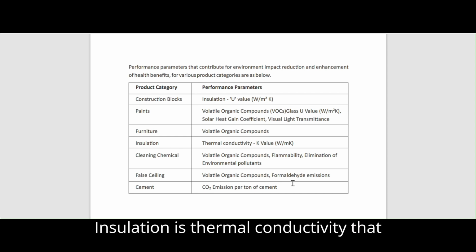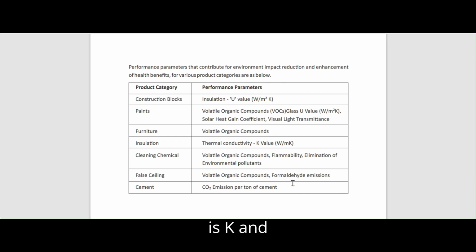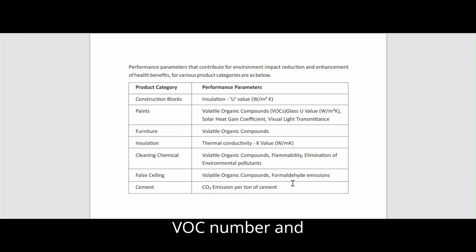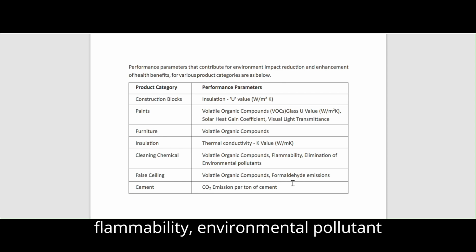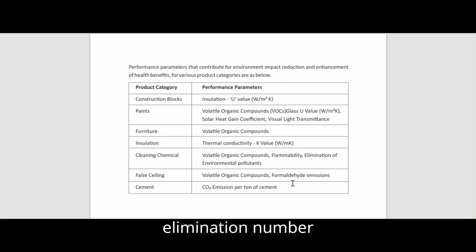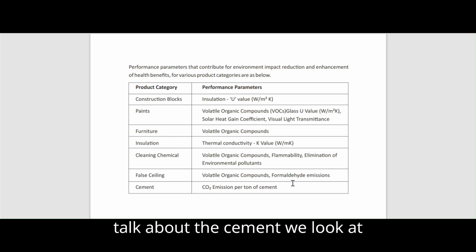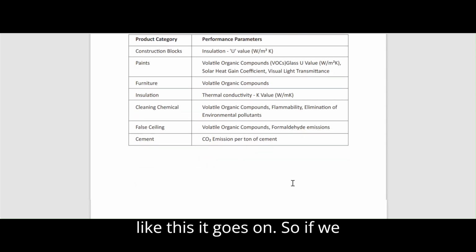Insulation is thermal conductivity, that is K. For cleaning chemicals, we look at VOC number and flammability, environmental pollutant elimination number, etc. For false ceilings, we look at VOC number and also the formaldehyde emissions. And when we talk about cement, we look at CO2 emissions per ton, etc. So like this, it goes on.